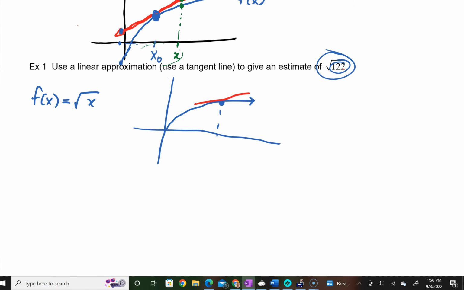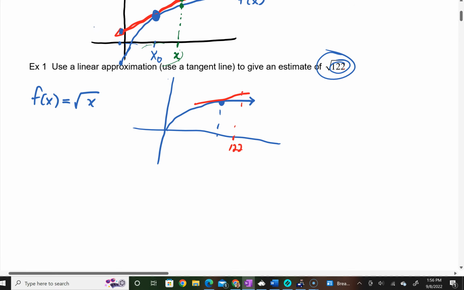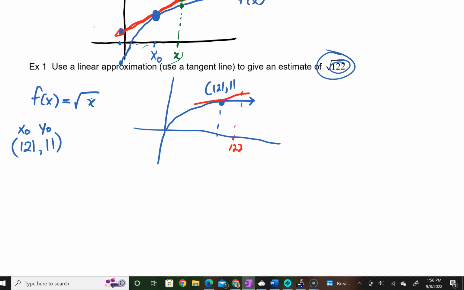I know already I'm supposed to be estimating what's happening at 122, but is there a friendly point on this curve that we could actually utilize? And I think you could see immediately, I know what the square root of 121 is. That would be 121 comma, well, what's the square root of 121? It would be 11. This would be my point of tangency.